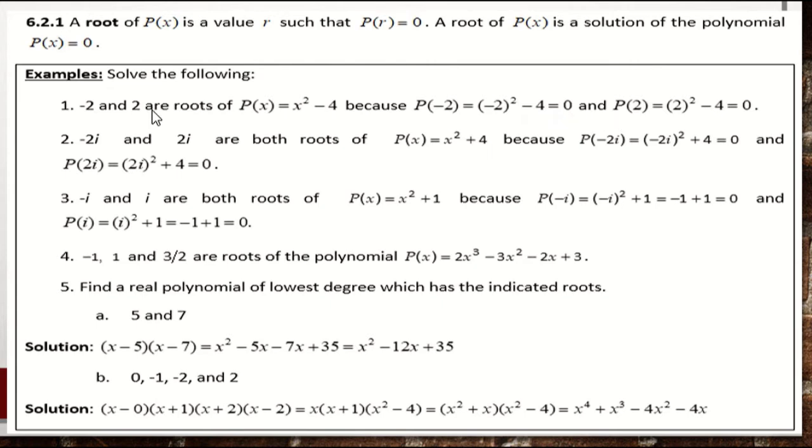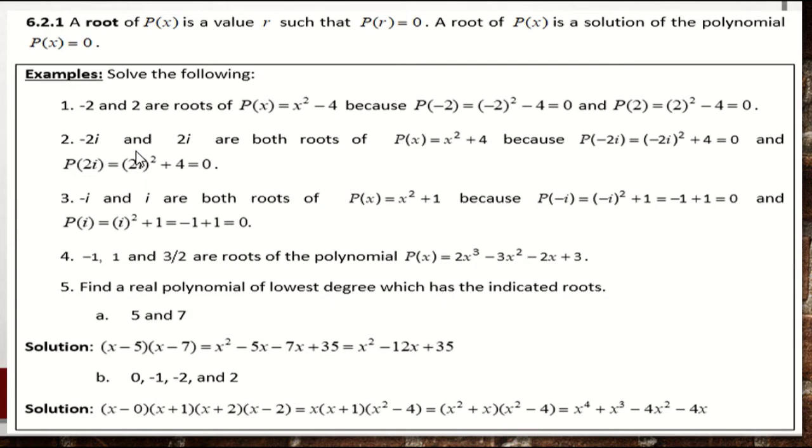And for 2, substituting into x, 2 squared is 4, minus 4 is 0. When you square a negative it becomes positive, and squaring a positive stays positive, so the result is 0. When the result is 0, both are roots of the given polynomial.